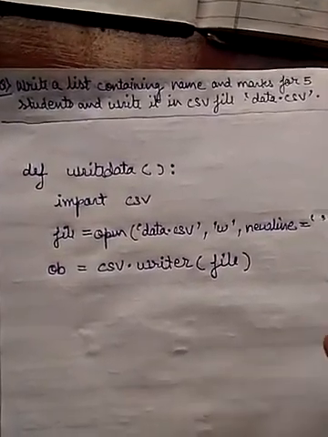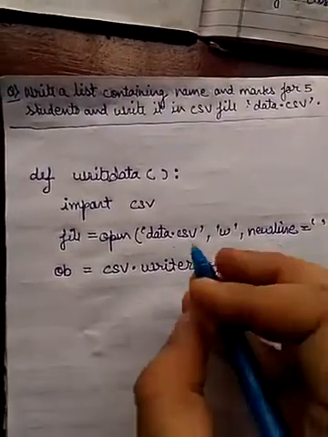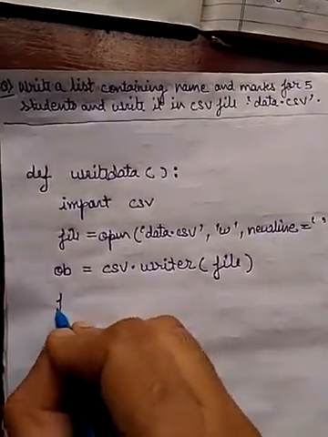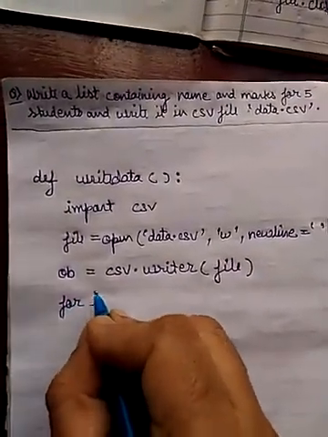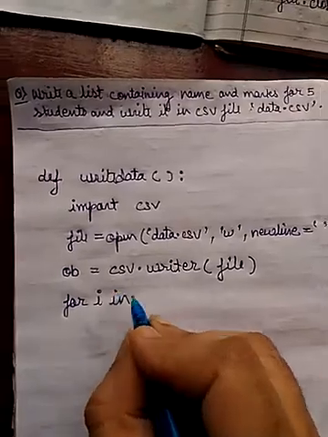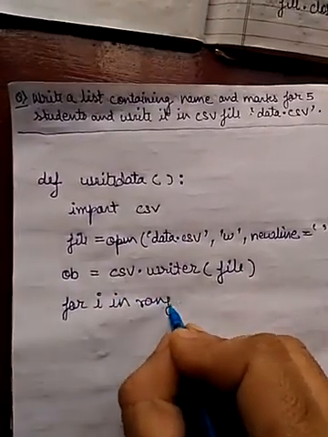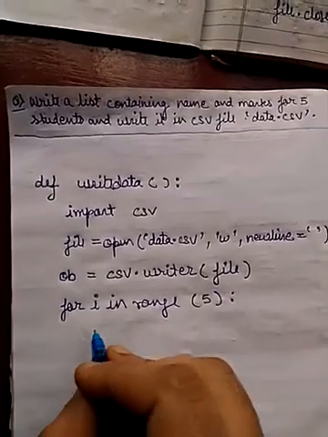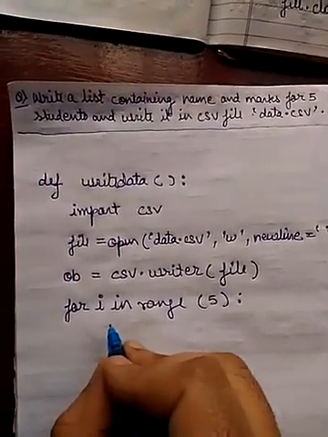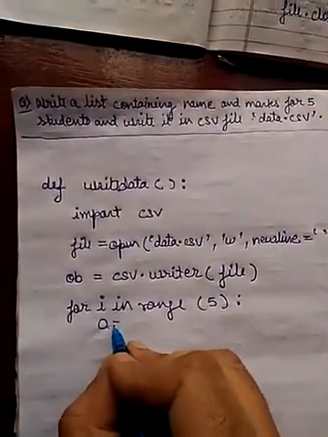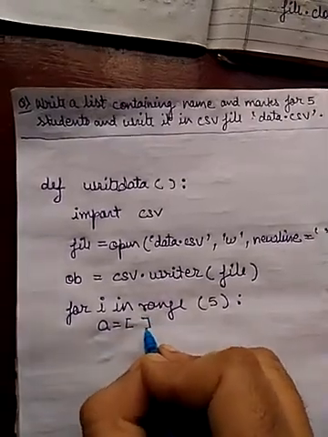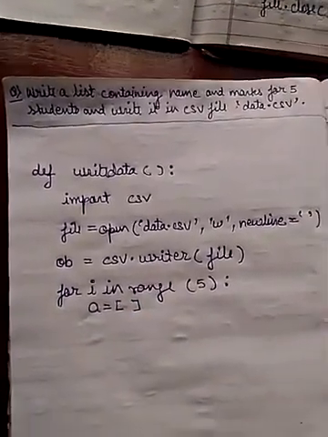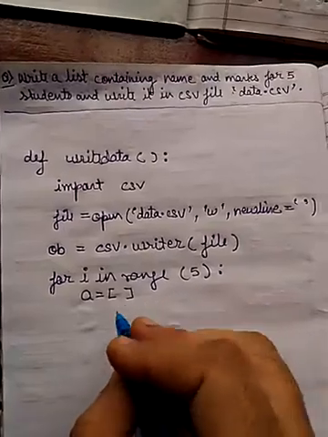Now I have to read name and marks for 5 students. So I am writing a loop for i in range 5. I am taking a list over here. Let us say A is the list in which I will append the name and marks.